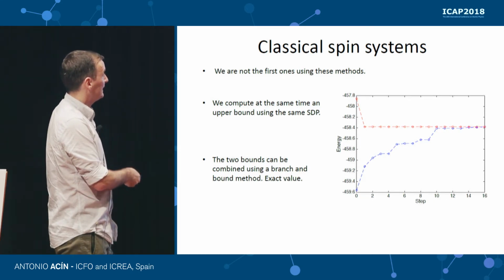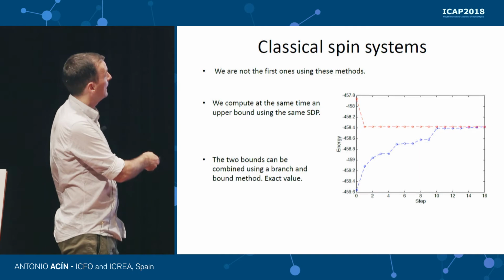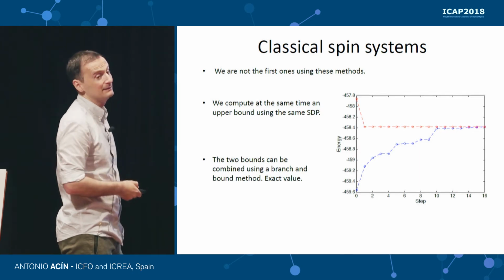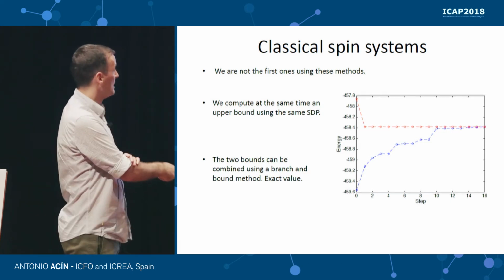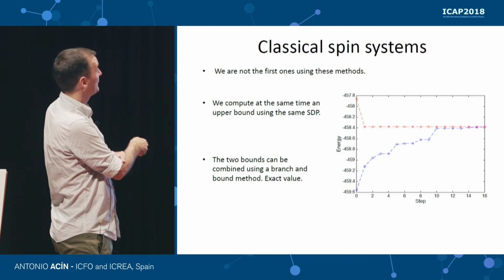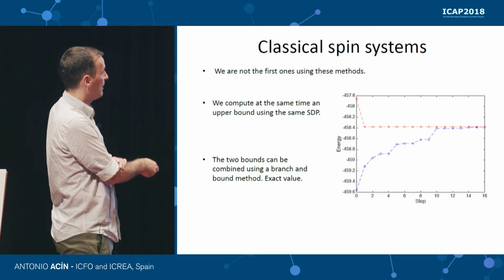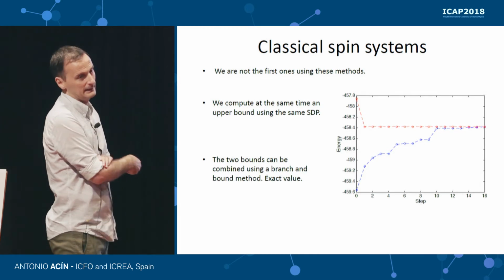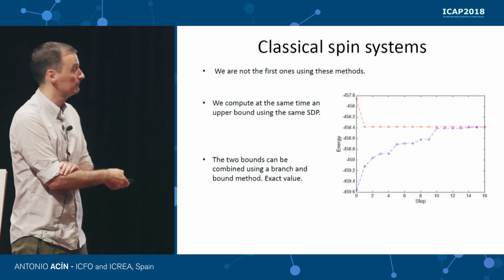This is good because then you can combine them and have upper bounds and lower bounds from the same method, and you can play with it, close the gap, and even find the exact solution to the classical spin system. So what I told you is that our method gives you lower bounds, but for classical spin systems, we also found a way of getting an upper bound, and now we can play with that and close the gap in general and find the exact ground state energy of the classical spin system.